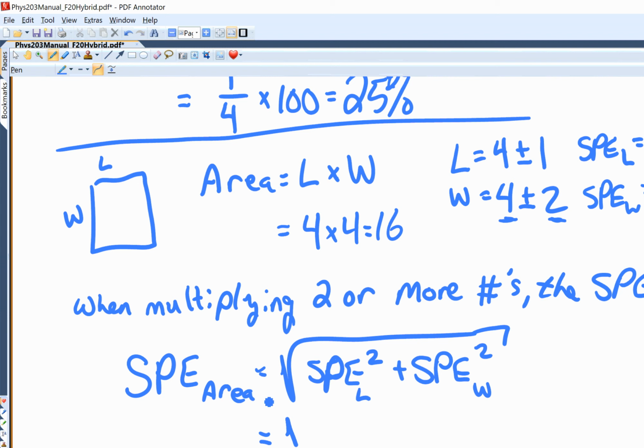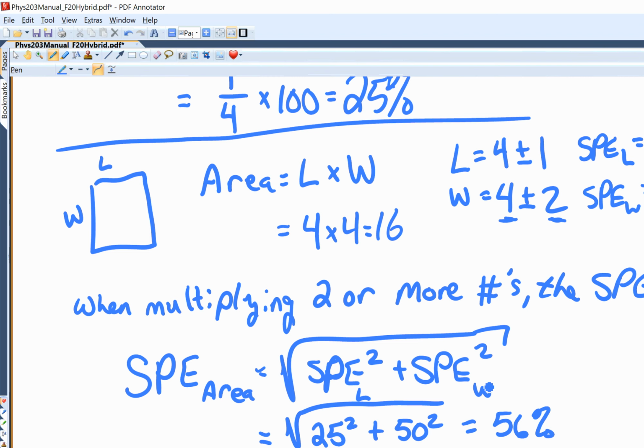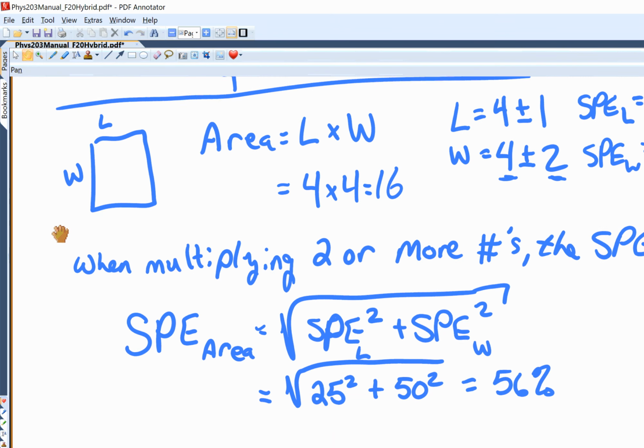So this would be the square root of 25 squared plus 50 squared. And then that would give me my standard percent error. I get 56%. Okay, so that's my SPE, or my standard percent error, for the area.